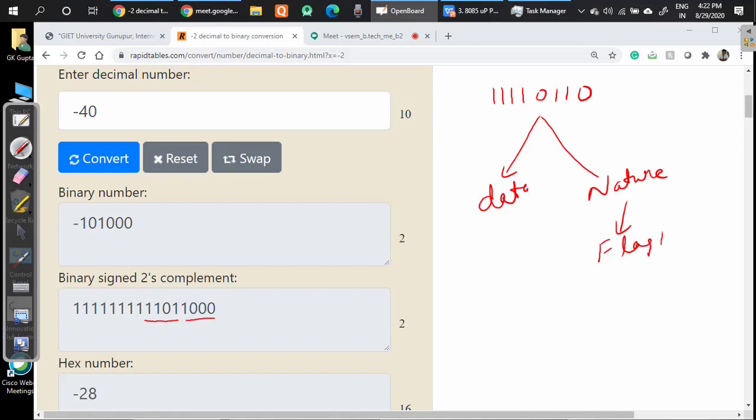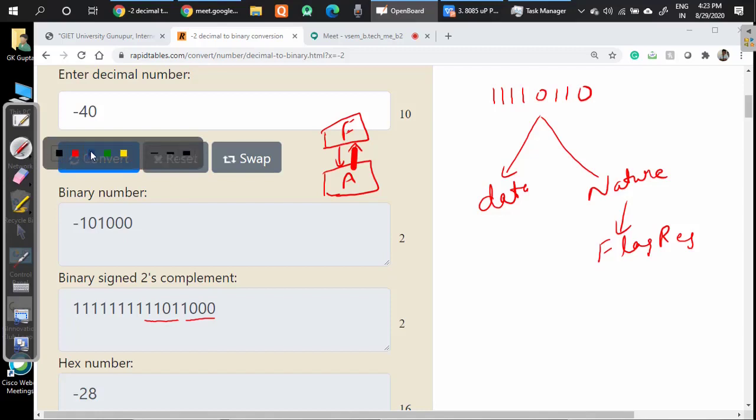If you have seen, the ALU is always connected with the flag register. You might have seen the arrow like this. So the ALU is constantly talking with the flag register. Let's understand what really is inside the flag register.